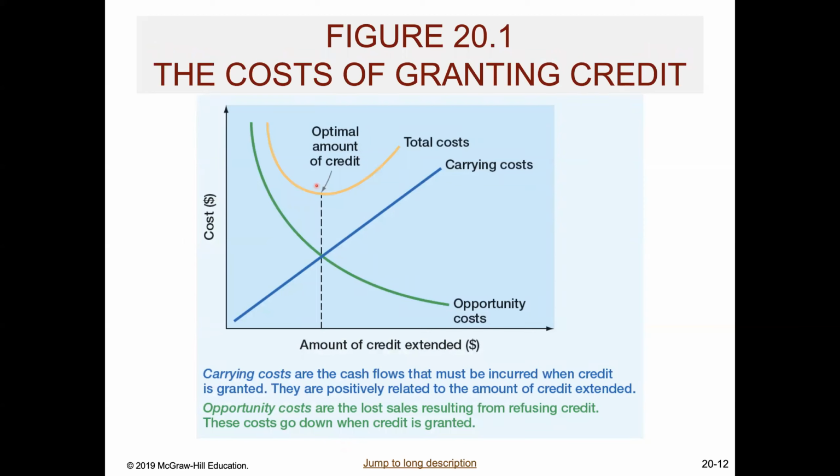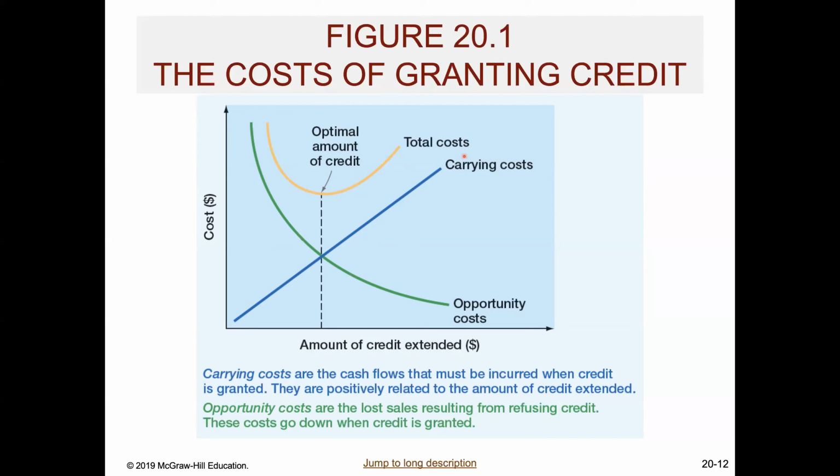This is our total cost curve. And what we're looking for is the point where this is the optimal amount of credit where the total cost is minimized. So the total cost is made up of these two curves. We've got the carrying costs, which go up with the amount of credit extended.